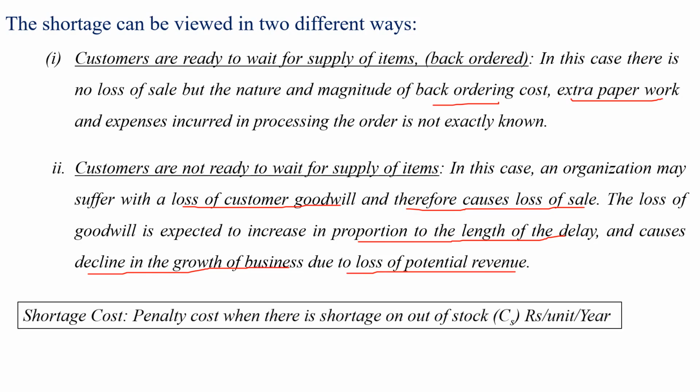So this shortage cost is the penalty cost, maybe in terms of loss of revenue, or in terms of extra cost such as back ordering cost and extra paperwork. So shortage cost is the penalty cost when there is a shortage or out of stock.